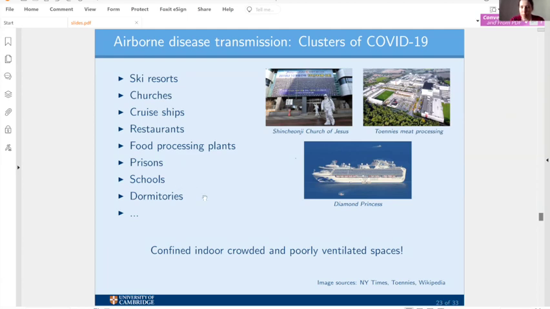And very quickly we recognized that in order to reduce the airborne contaminant spread and in order to mitigate the disease transmission, we had to improve the ventilation of our buildings.